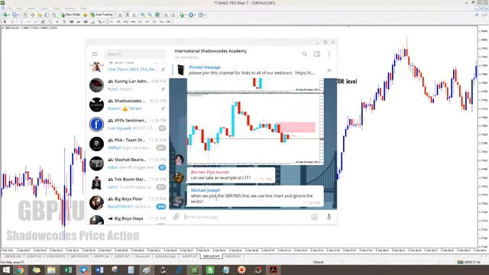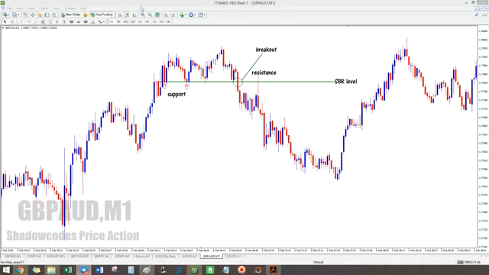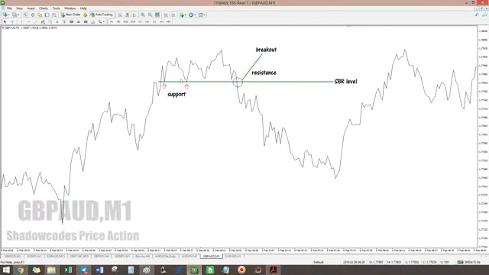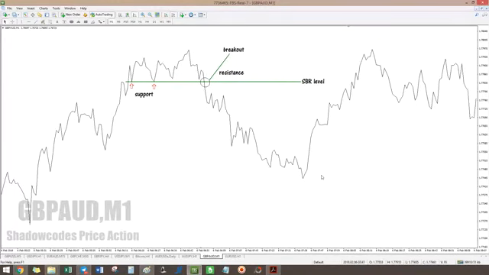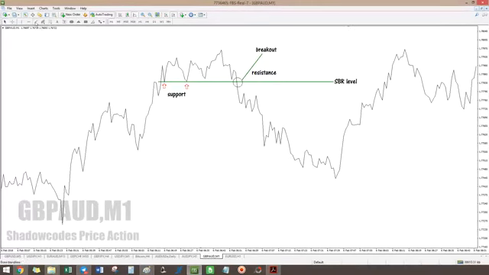asked a question. When we plot the SBR RBS line, we use the line chart and ignore the wicks. Yes, correct. We use the line chart only. We'll be looking on the left, not on the right. So you will not be marking like this. You will mark it here like this, from here to here.